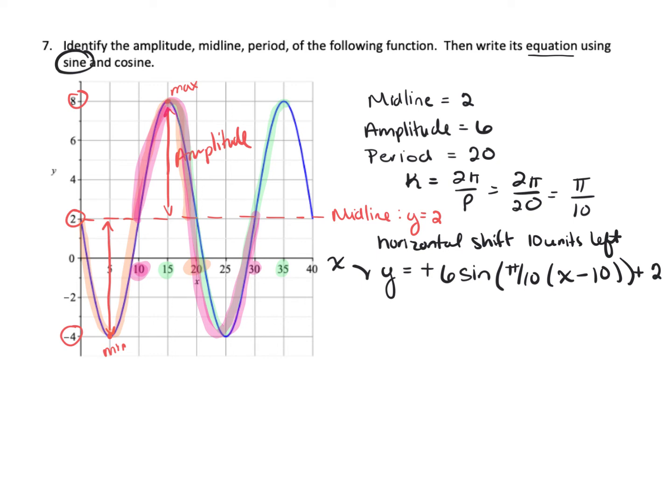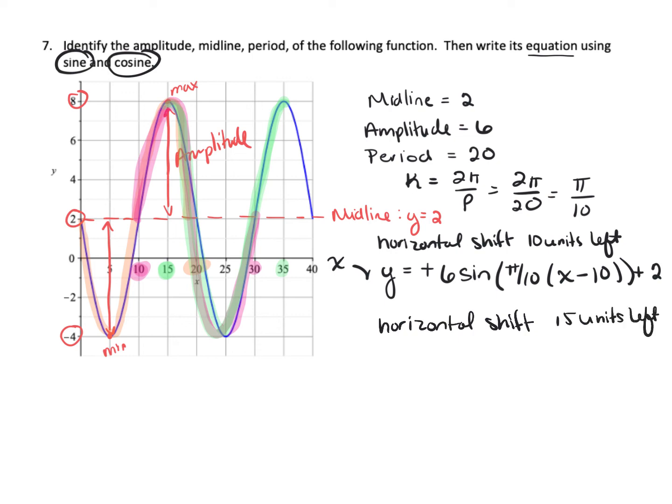Okay, let's write one for positive cosine. For positive cosine, I'll use my green highlighter again. Notice that positive cosine starts at x equals 15. So that means the horizontal shift for a positive cosine function shifts all my x values 15 units left.